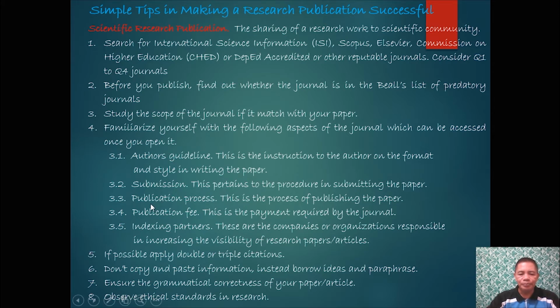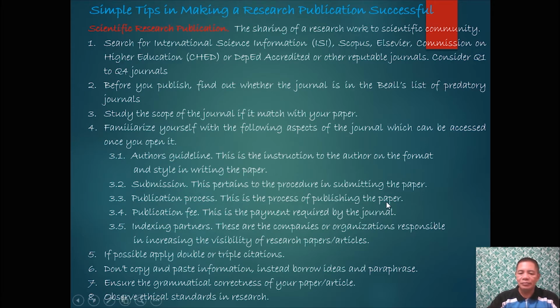Publication process. This is the process of publishing the paper. There are steps in publishing the paper. You should know this. Then publication fee. This is the payment required by the journal. And of course, you need to pay once there's a go signal to pay to the journal.